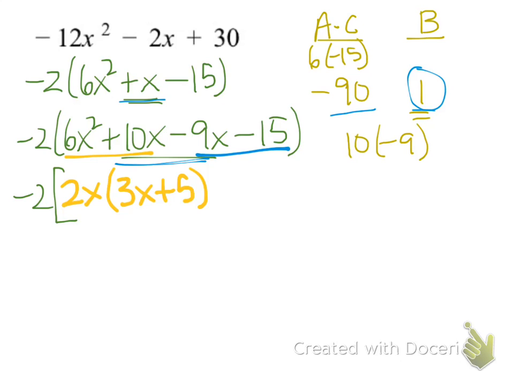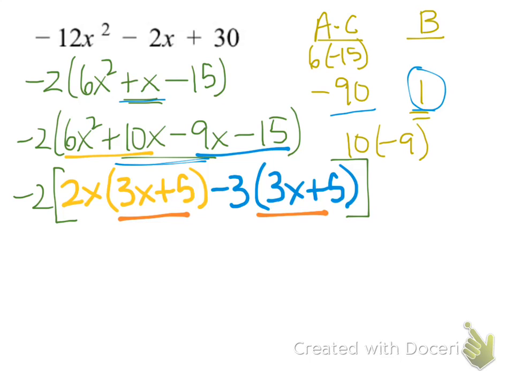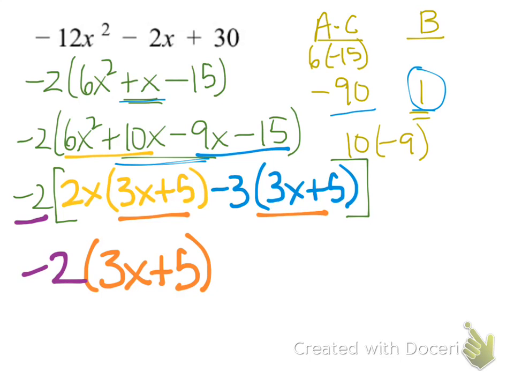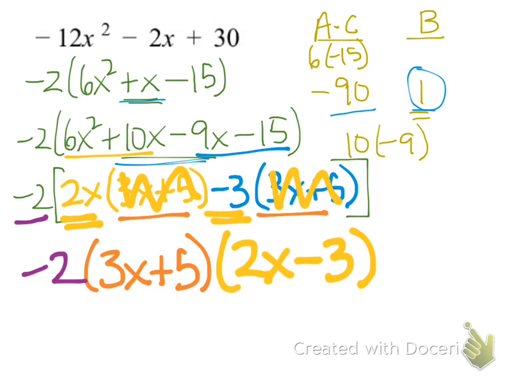And again, I need to have that same thing in my parentheses, the 3x plus 5. And so sometimes if you write down what should be left, it's a little bit easier to see that we should factor out a negative 3. And then again, the 3x plus 5 we have in common. Don't forget that negative 2 that's out in front because it is an important factor. If we cross those out, we're left with 2x minus 3.